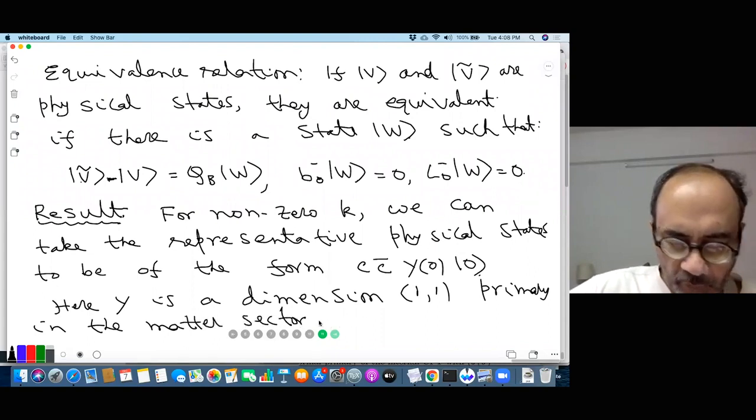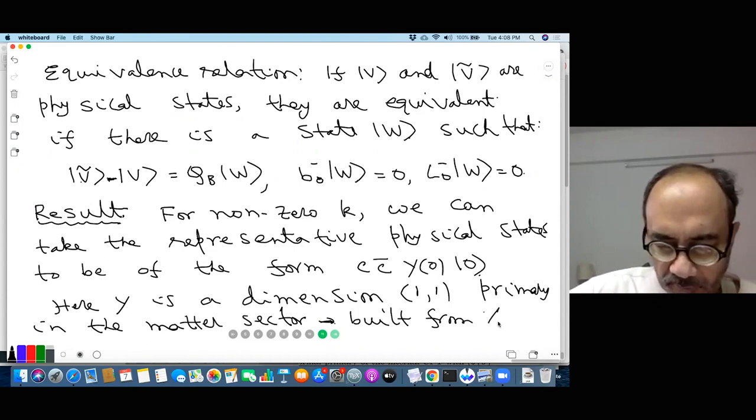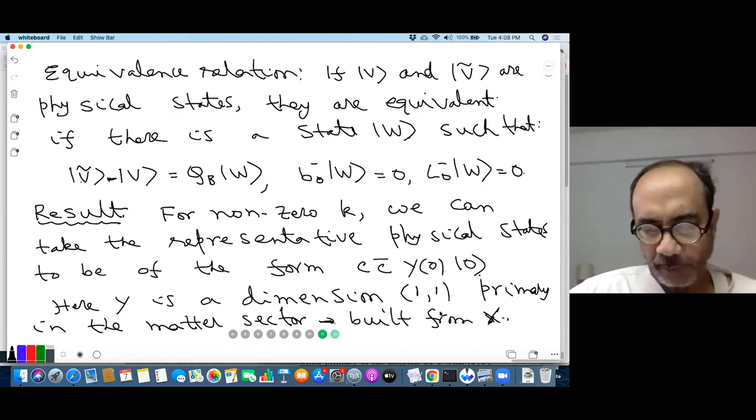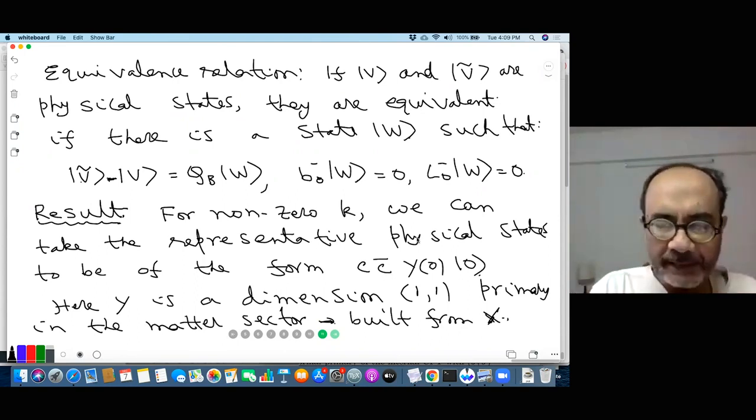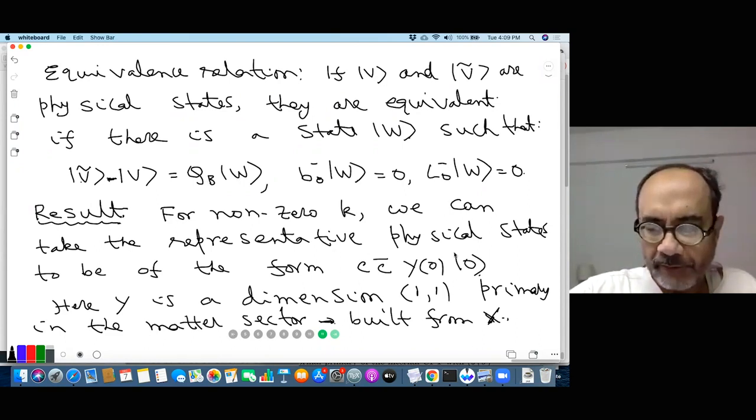Matter sector means it's built from X. It can be e to the i k dot X, partial X, partial bar X, and so on, but no ghosts. So what does it mean? This means that imagine that you have found a BRST invariant state which is physical. Then by adding an appropriate QB W, you can always find a W so that you can bring it into this form. That's what it means, by saying that we can take the representative states to be of this form.